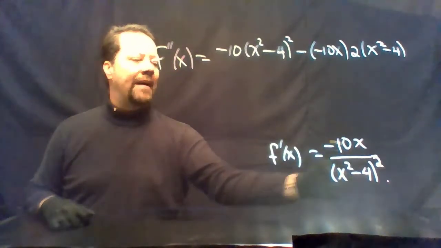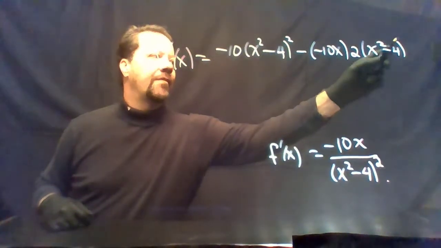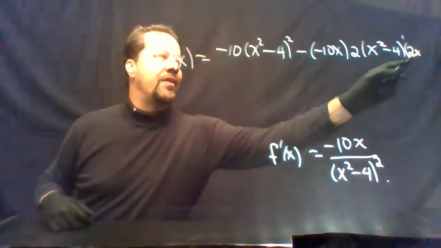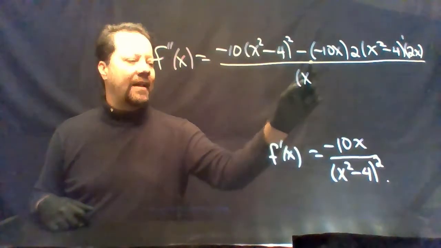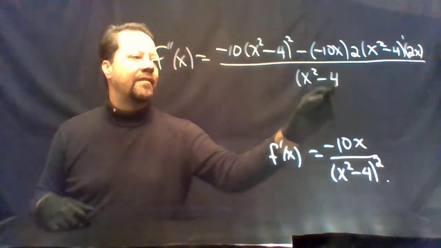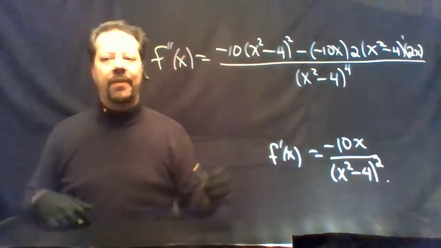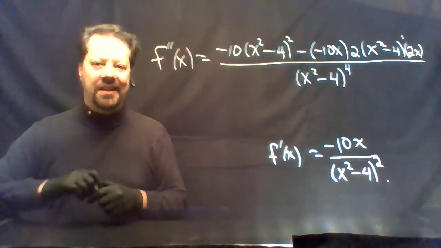Here, we'll bring the power down, subtract 1 from the exponent, and then multiply by the derivative of the inside. And then divide by the denominator squared. So we end up with an exponent of 4 in the denominator.